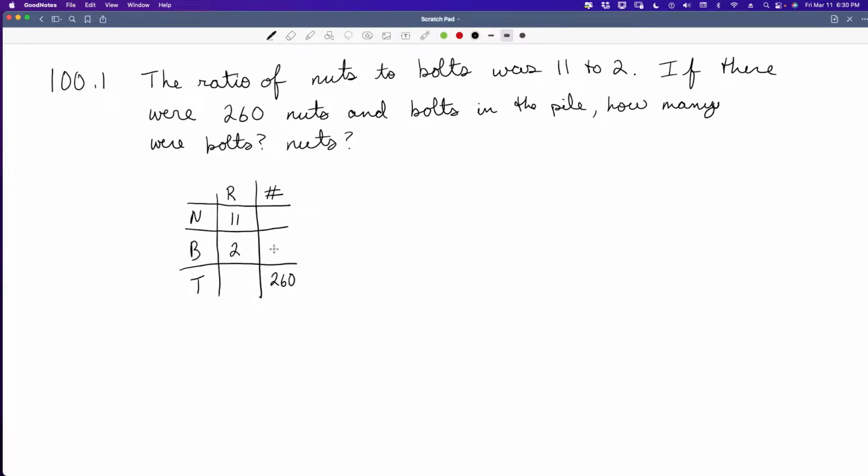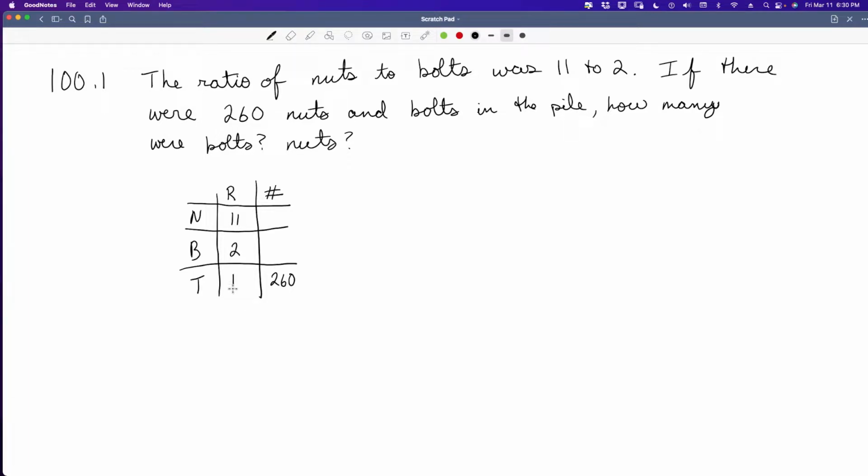You can see how we have two unknowns here. We can't solve a cross multiplication problem if we have two unknowns. We have to have only one unknown, only one x. So we create this third row and we add these two together to get our total.